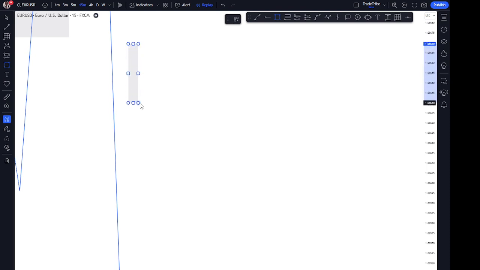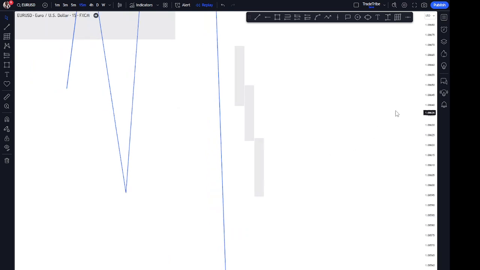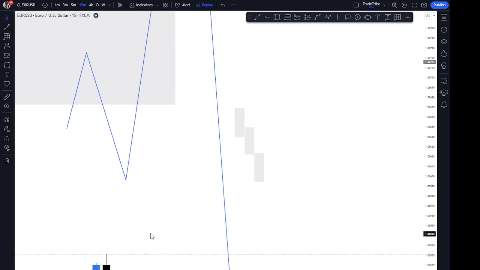So let's say it's our first candlestick, maybe second candlestick, hizi zimechora bullish candlestick ama bearish candlestick, whatever.